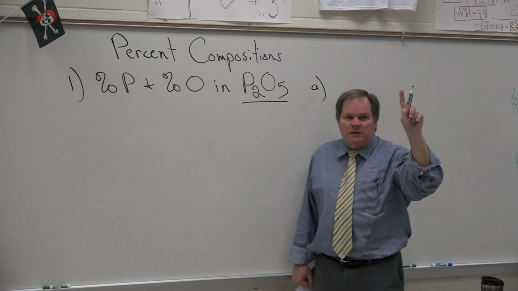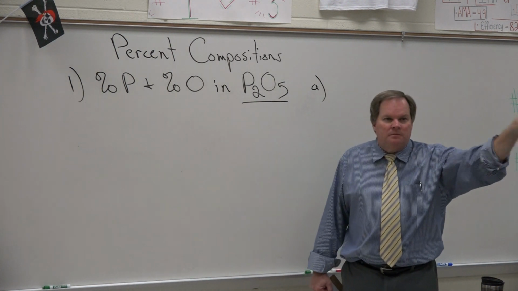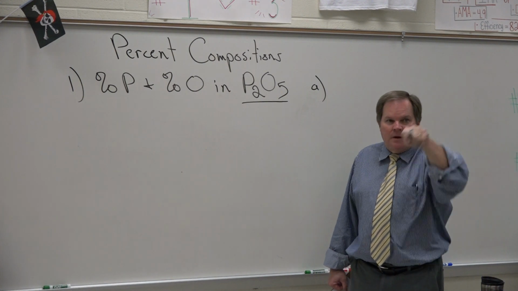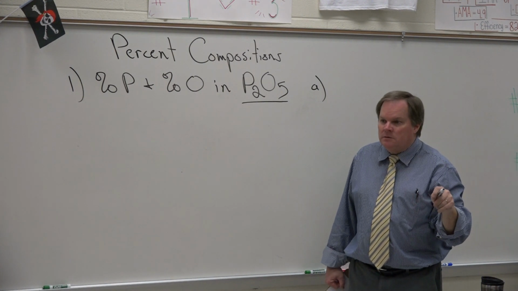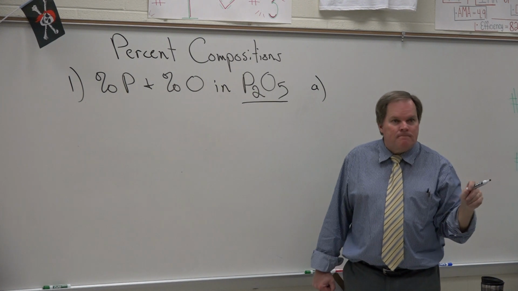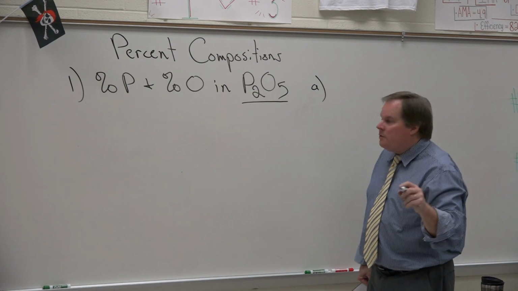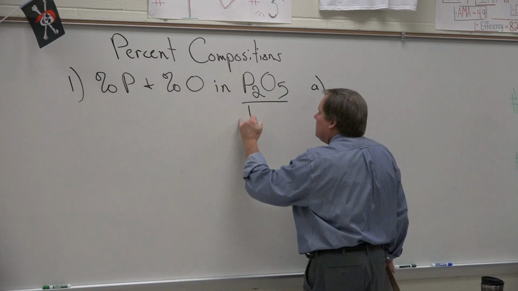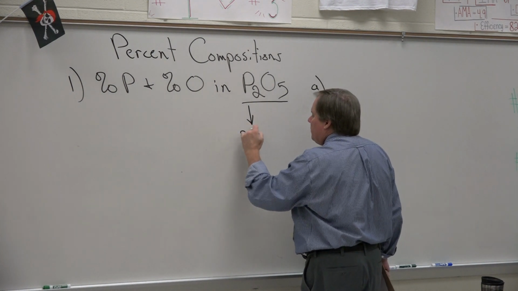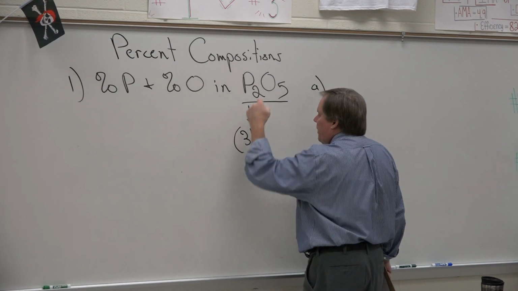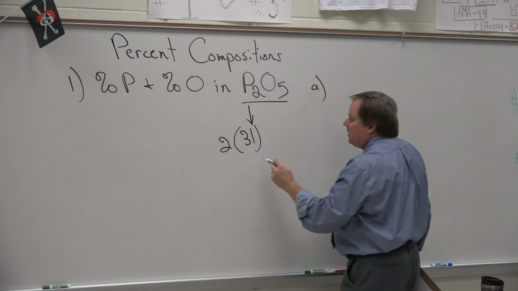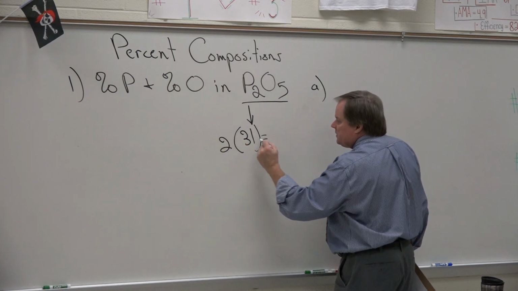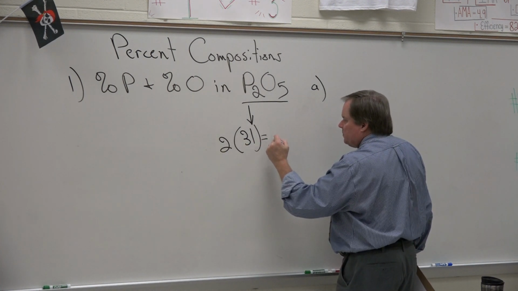So phosphorus is how many grams per mole? Where is phosphorus? There, number 15. How many grams per mole? Let's round to 31. 31 grams per mole. We have 2 atoms, so we've got to multiply that by 2. So that's 62 grams per mole.